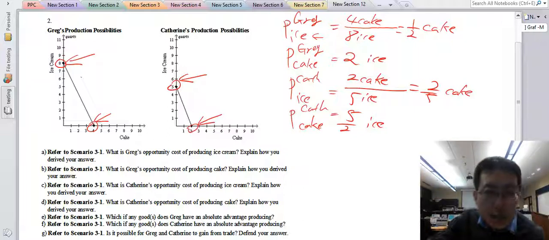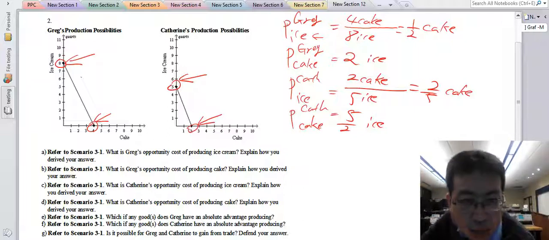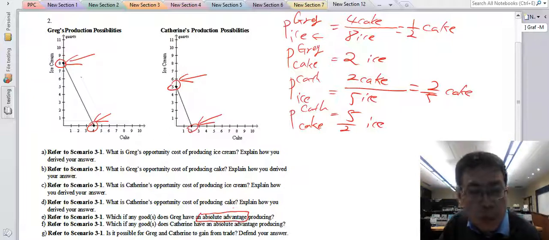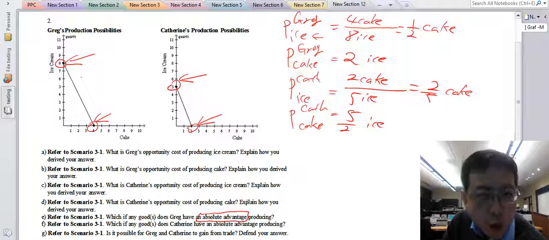Next, part E asks which, if any, good does Greg have an absolute advantage in. When you're dealing with absolute advantage, you're looking for whichever person or country can produce more of the good. Greg can produce 8 ice cream, Catherine can produce 5 ice cream. So Greg can produce more ice cream.